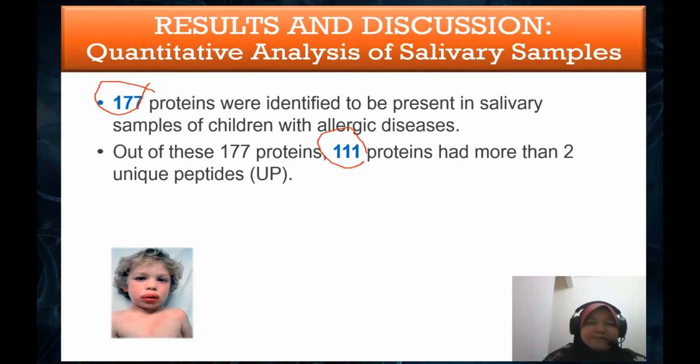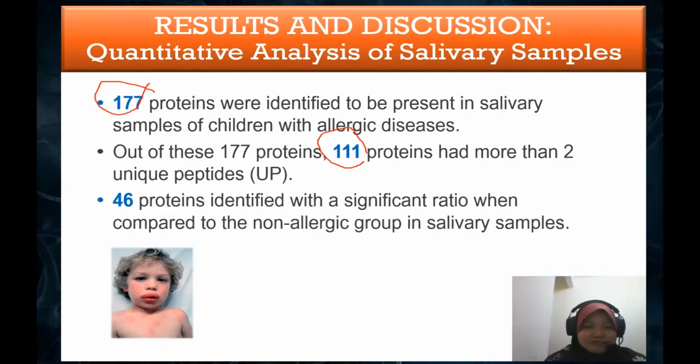UP is defined as a peptide, irrespective of its length, that only exists in one protein of a proteome of interest, despite this peptide possibly appearing more than once in the same protein. Thus, proteins that had more than 2 unique peptides had a higher probability of being a true protein and not a false positive result. From this number, 46 proteins were identified with a significant ratio when compared to the non-allergic group in salivary samples.